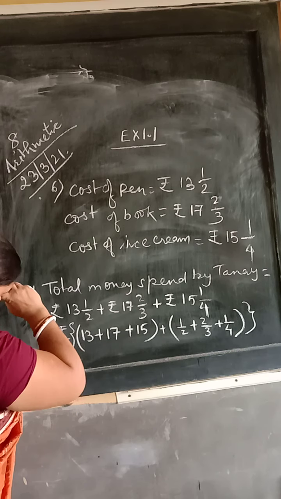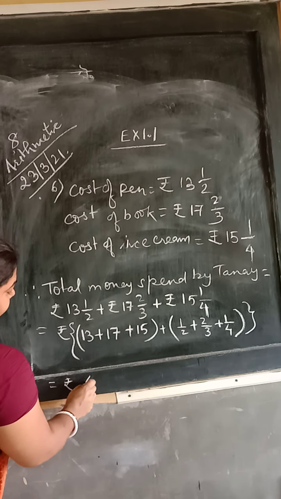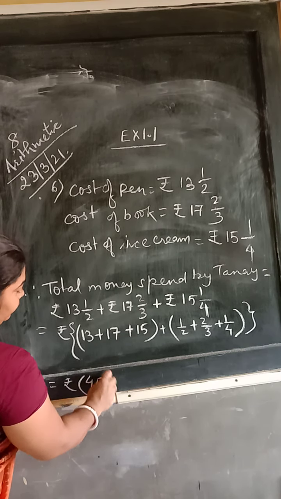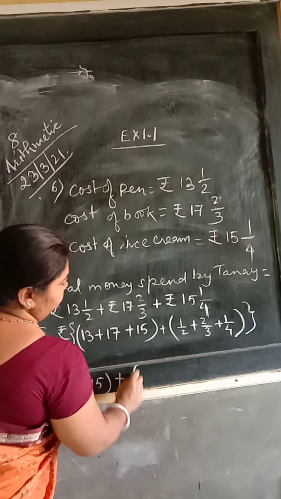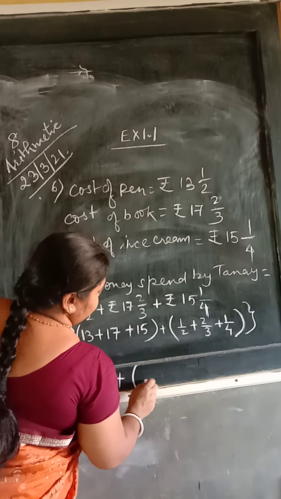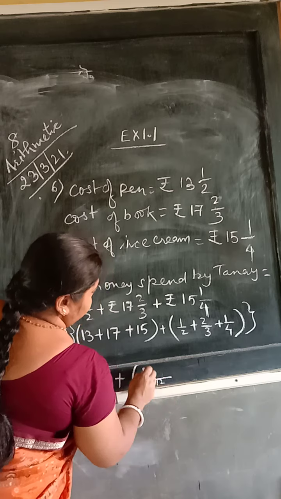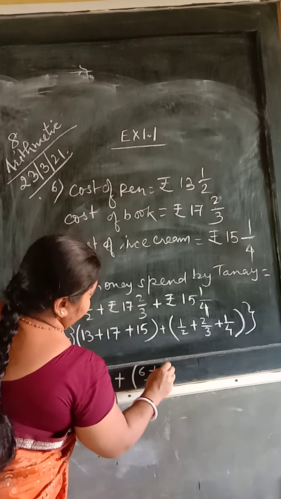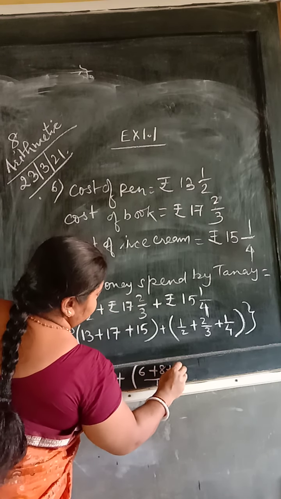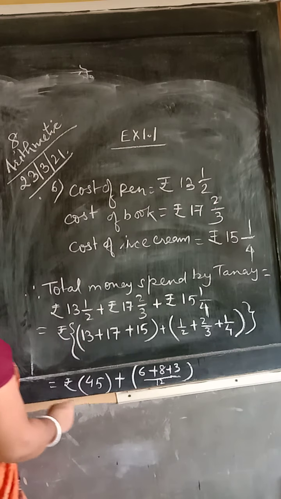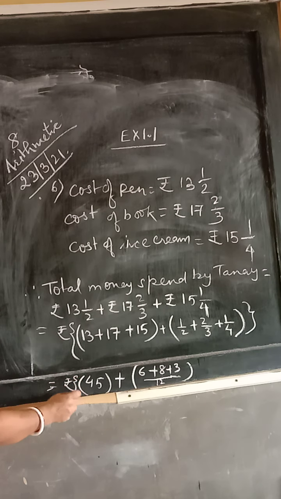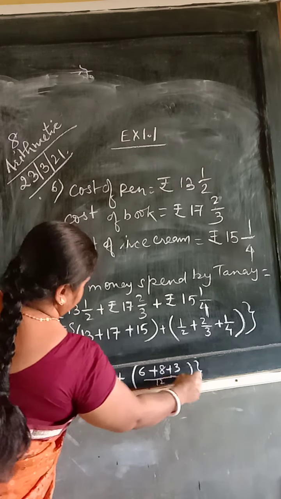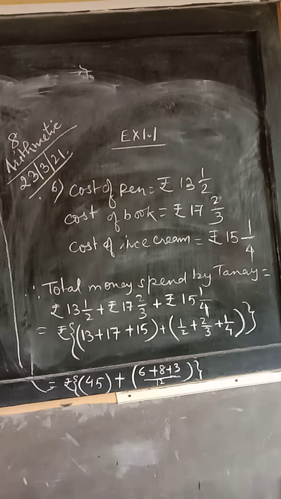13, 17, 30, 45 we are getting here, plus what we are getting, 2, 3 and 4 LCM is 12. So 6, 8, 3. I am coming this side, continuing with the same thing what is written down.